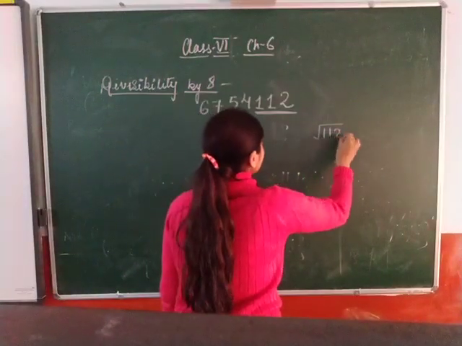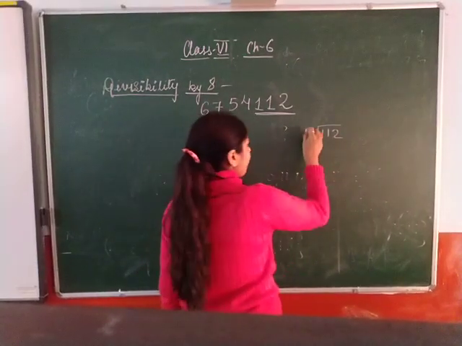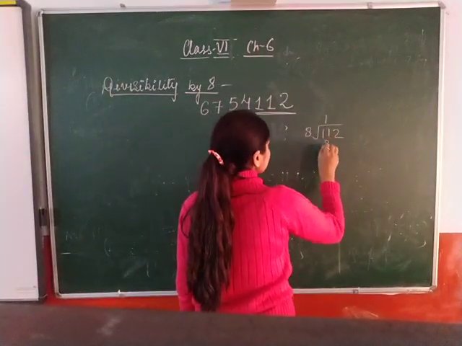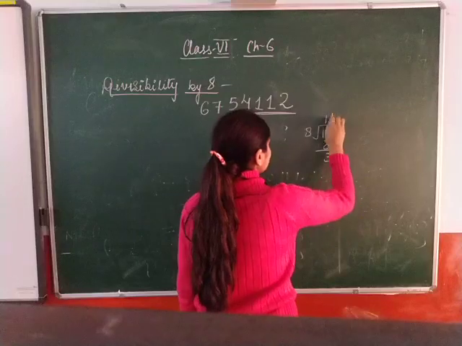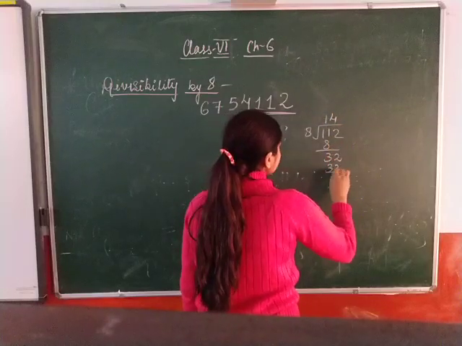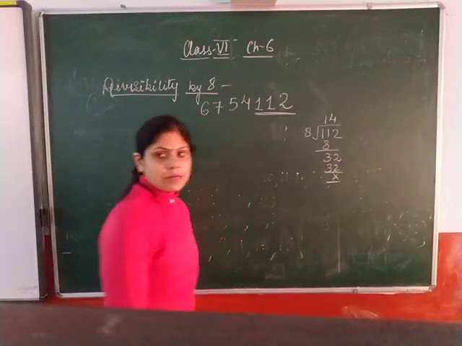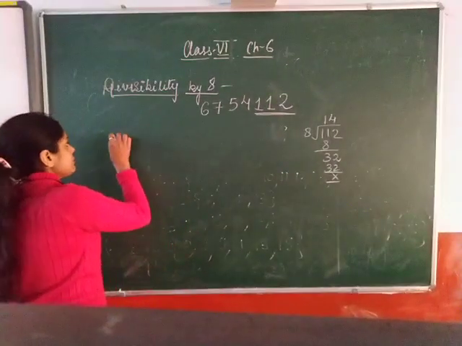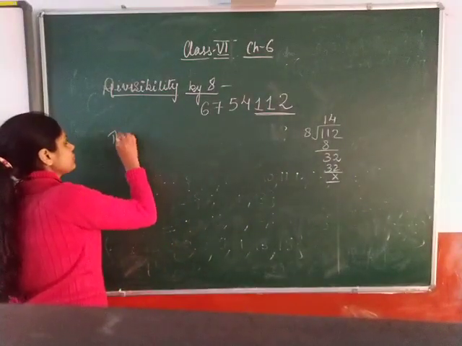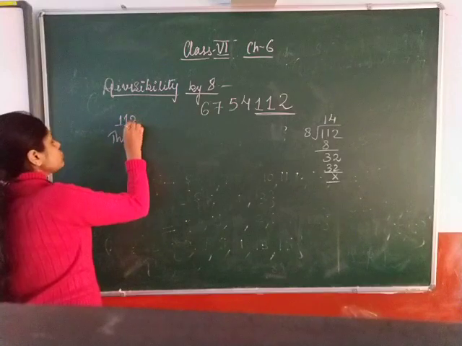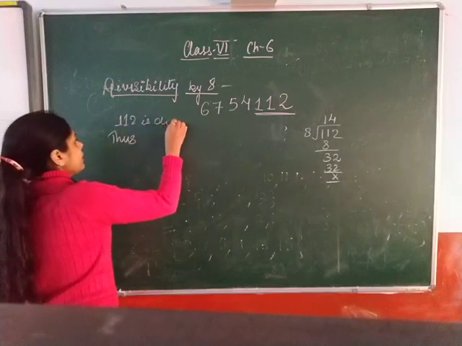Take 112, just come to the rough column and divide it. 8 ones are 8, 8 fours are 32. You can see that the last 3-digit number is divisible by 8. This means 112 is divisible by 8.